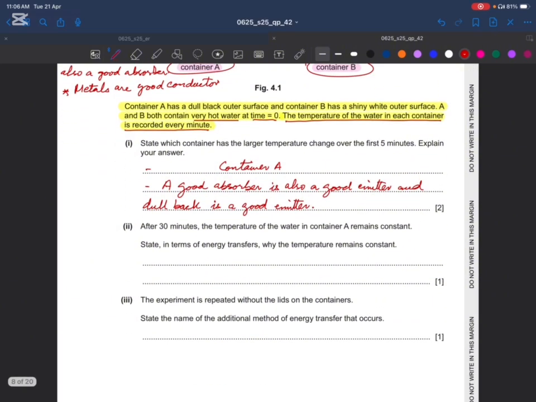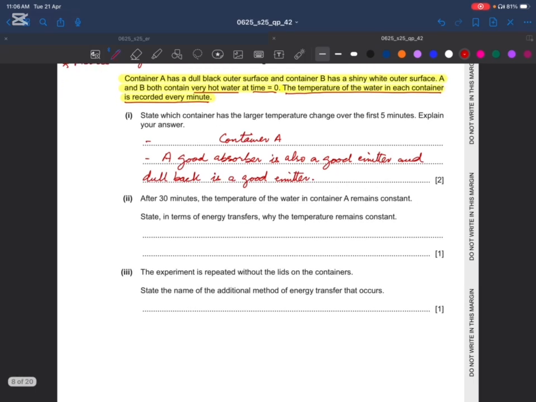Now obviously you need not write that the temperature is changing fast in case of container A. You need not write that part of the sentence.